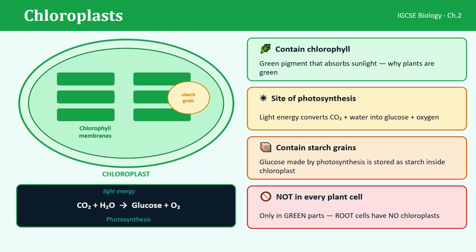What it means is, root cells are underground, so there will be no sunlight reaching underground, and there cannot be any process of photosynthesis there, so they do not even need the chloroplast. So they don't have chloroplast. So if the examiner asks you, do all plant cells contain chloroplast, the answer will simply be no.